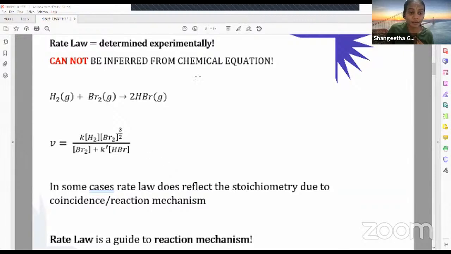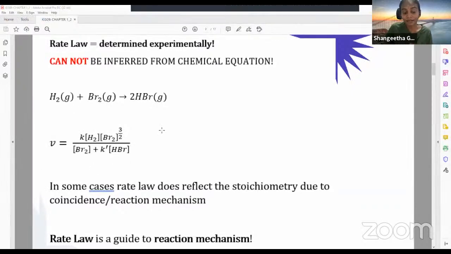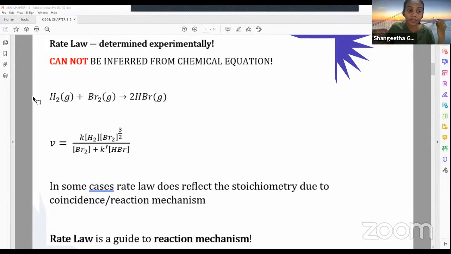Although the reaction is very simple, the rate law is complicated. So in order to arrive at a rate law which is as complicated as this, you actually have to do it experimentally. You can't just take your rate of reaction at face value from your chemical equation.